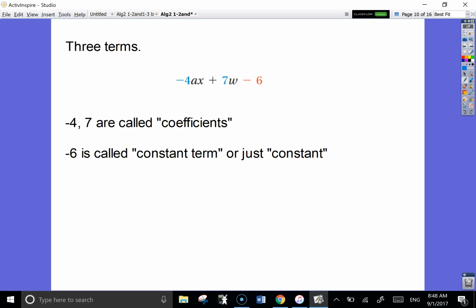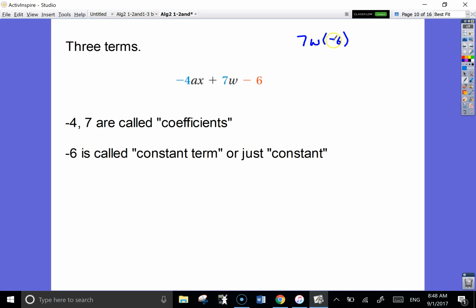Okay, here's some vocabulary. Terms. In an algebraic expression, terms are separated by plus or minuses for addition and subtraction. Right? That's not the same thing as, for example, if I had 7w times negative 6. That's not 2 terms.